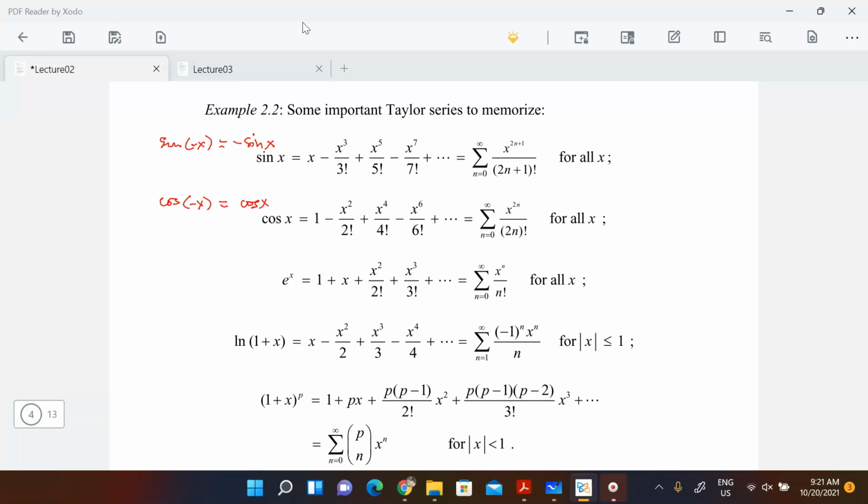All these, sin x, cos x, and exponential x, are things that you should know by heart. You don't always need to calculate them. If asked what the power series of cos x is, you know what it is and you just write it down. This is expected of you in some sense. Exponential x is another one.